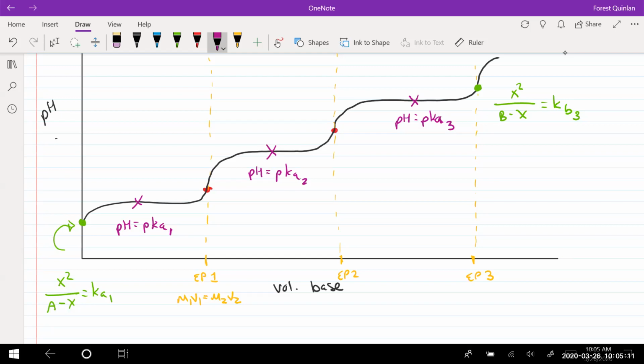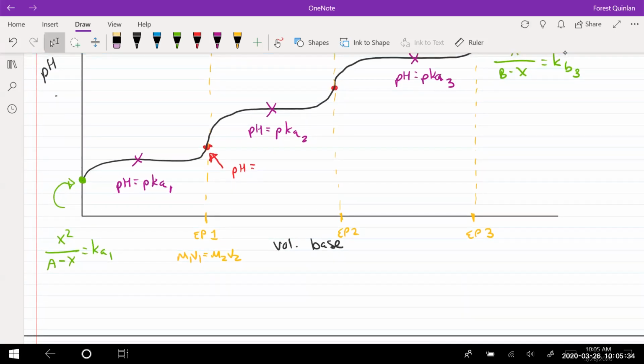I'm just pointing out that as we do this, as I build this curve, there are so many points that we can instantly generate here. So we have this point here. How do we determine that one? pH equals pKa 1 plus pKa 2 divided by 2.